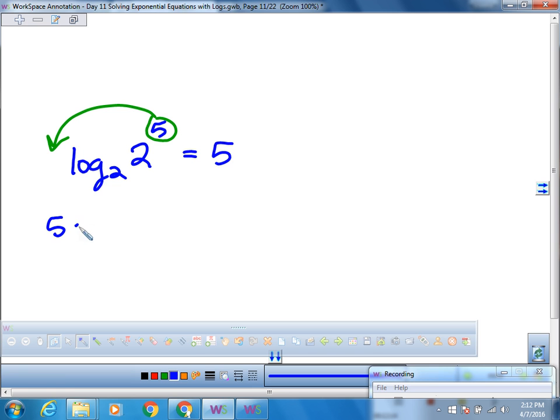So this is 5 times log 2 of 2 equals 5. I can divide both sides by 5, and then, this is kind of like a proof, log 2 of 2 equals 1. Doesn't 2 to the 1 equal 2? So I don't even have to do all of that work if I recognize that log 2 of 2 is 1.